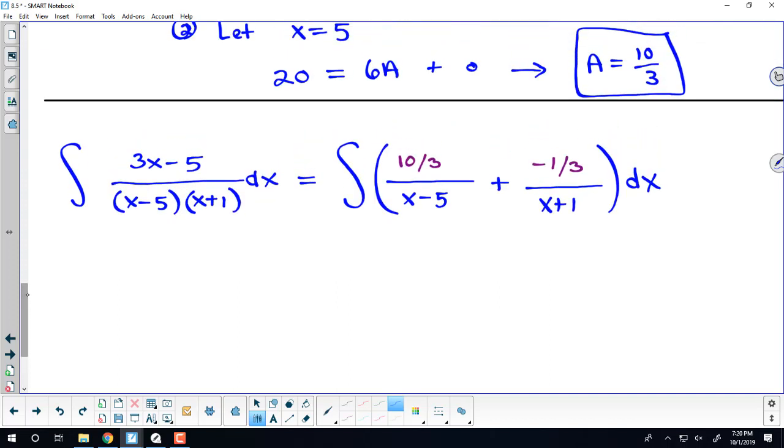So what's the antiderivative of 10 thirds over x minus 5? Yeah, so that's just, 10 thirds is a constant. And pull out. So 1 over x minus 5, the antiderivative, that's already in logarithmic form. Or if you need to, again, use substitution.